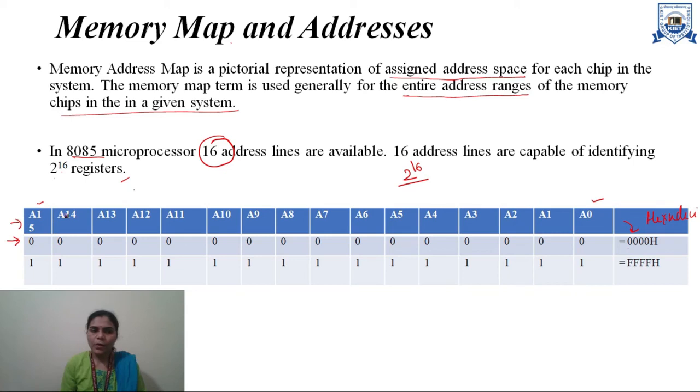Whereas if all the 16 lines have ones, then this will form the maximum address for the given chip with 16 address lines. In hexadecimal notation, it will be FFFFH. So all the addresses will be in the range of 0000 to FFFF. So in this way, we can represent the address range with the help of an address map.